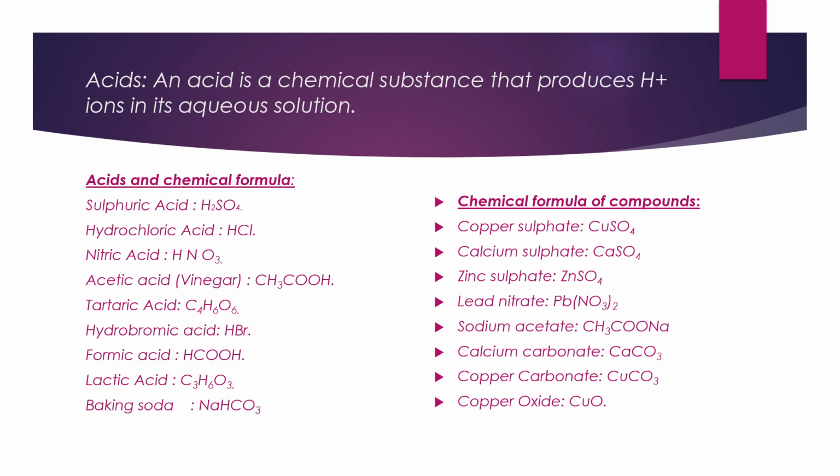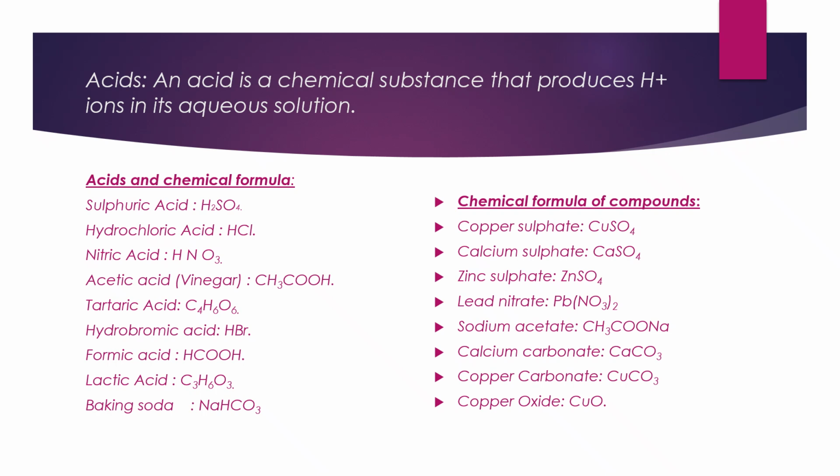You can see it. Next, here are some acids and their chemical formulas, and some bases are also there. We are starting with some mineral acids, important acids that you have to learn. That is sulfuric acid, H2SO4, hydrochloric acid, HCl, nitric acid, HNO3, and acetic acid, which we know as vinegar, that is CH3COOH.